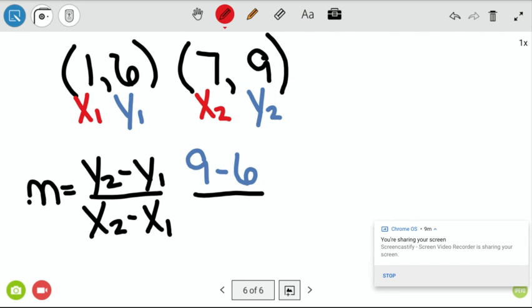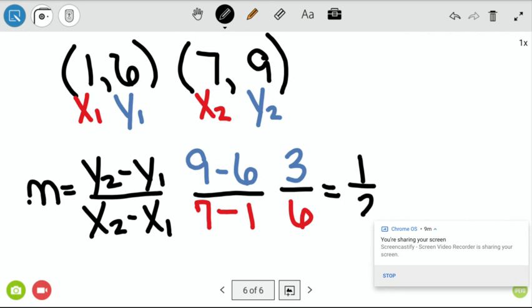So we go x2, which is 7, minus x1, which is 1. Then we can just subtract, and we get 3 over 7 minus 1 gives me 6. And then 3/6 can be reduced to 1/2. We reduce that by 3. So on this one, our slope is a positive 1/2.